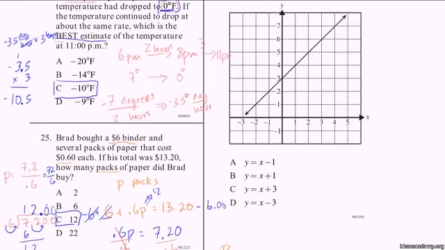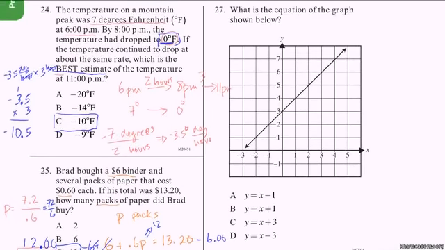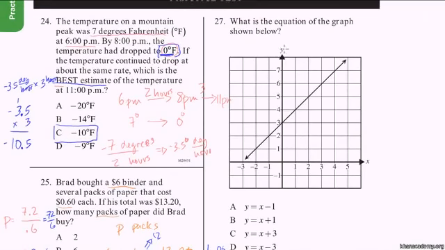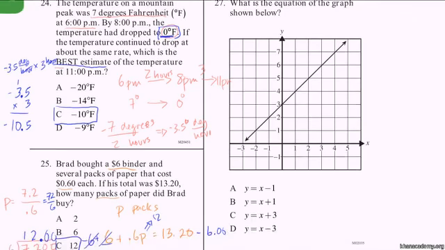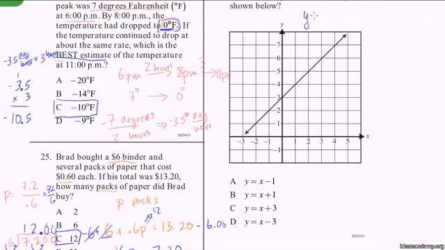Next problem. Problem 27. What is the equation of the graph shown below? So we just have to figure out its slope and its y-intercept. In general, these are all in kind of the classic mx plus b form, right? y is equal to mx plus b, where m is the slope, b is the y-intercept. The slope is rise over run.